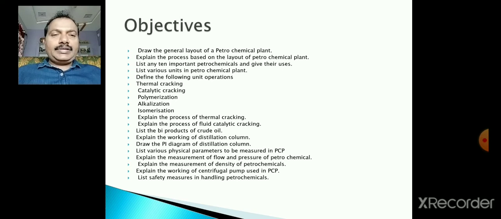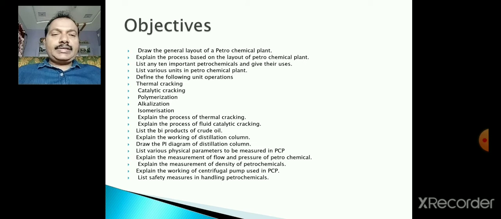And after that, we discuss the measurement and instrumentation part, that is the measurement of flow and pressure involved in a petrochemical plant, and measurement of density of those fluids, and the working of the centrifugal pump, because the centrifugal pump, or petrochemical pump, is widely used in the industry.